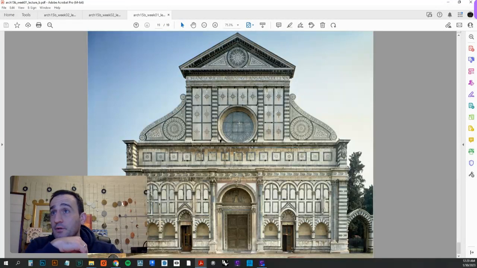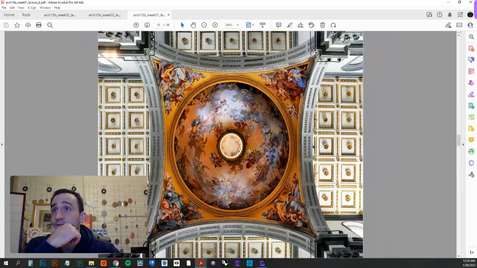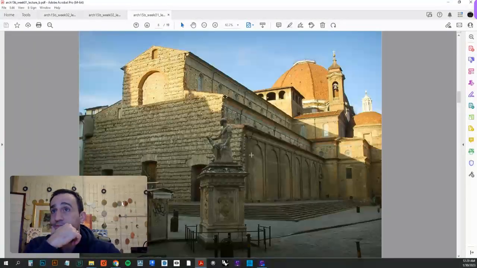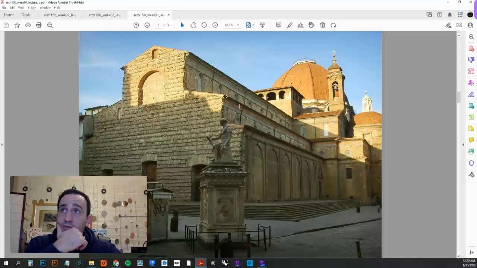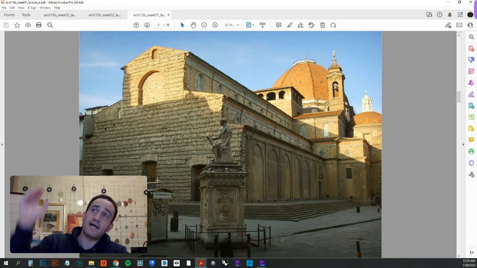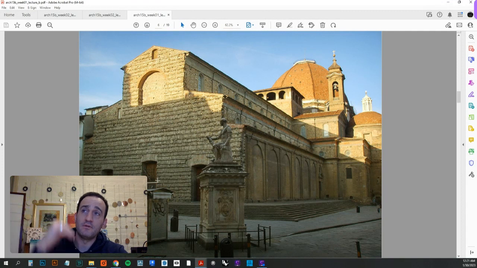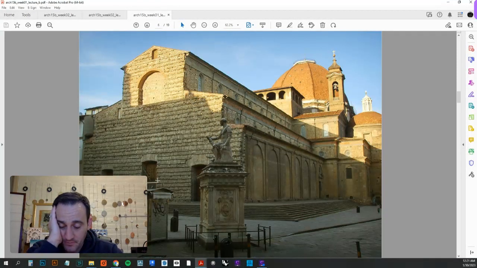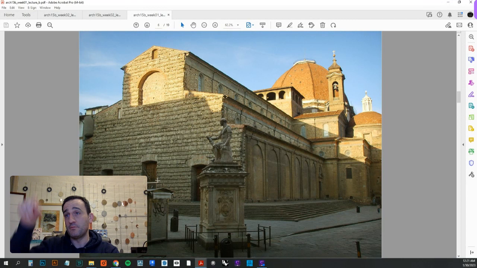Clear story window. Let's see where there's a good example of a clear story window. So these would be considered clear story windows. They're windows that are at the upper section, the upper level of a building. They could be horizontal, they could be vertical, but they basically clear the primary story of a building.